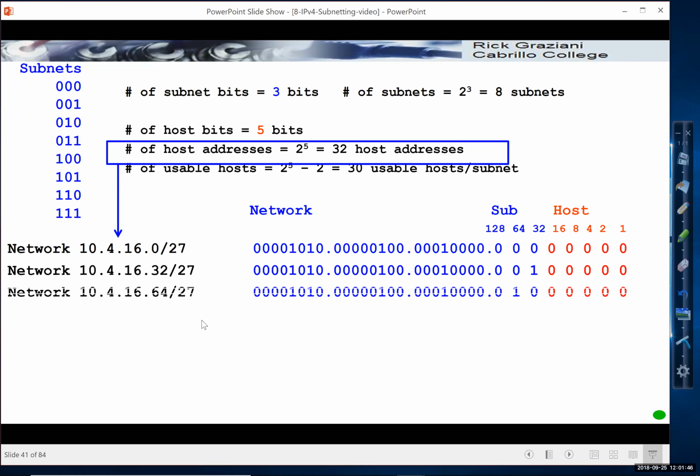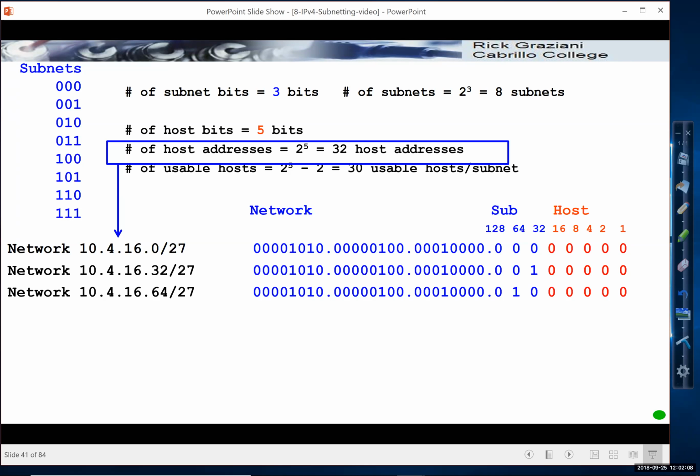Take a look at the next one. Next subnet is 010. But remember, we said each subnet has a total of 32 hosts. Just add 32 to the previous subnet. We go from 32 to 64. What do you think the next one's going to be? 10.4.16.